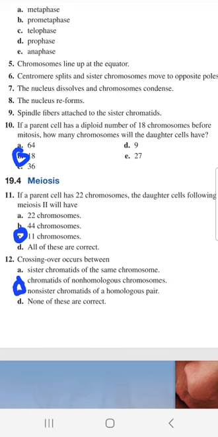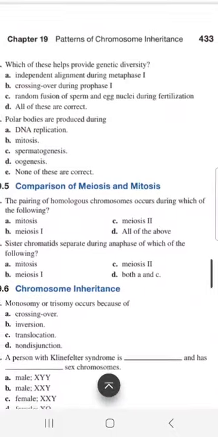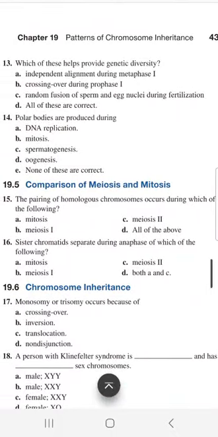Question number 13. Which of these helps provide genetic diversity? Independent alignment during metaphase 1, crossing over during prophase 1, and fusion of sperm and egg nuclei during fertilization. All of these are correct: independent assortment, crossing over, and random fertilization.